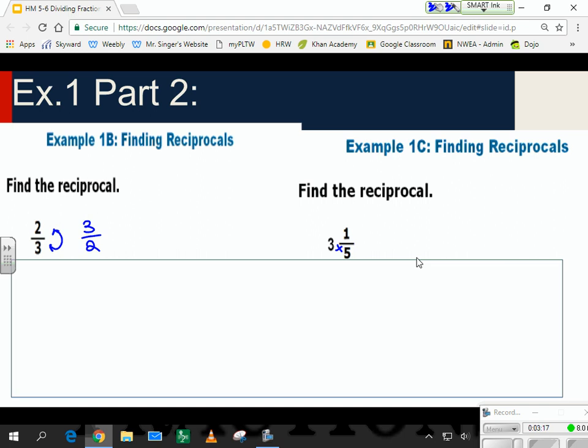So 3 times 5 is 15 plus 1 is 16/5. To find the reciprocal, now what we do is we flip these 2. So now 5 becomes the numerator and 16 becomes the denominator. So with mixed numbers, you have to turn them into an improper fraction and then flip them. So there's 2 more examples I encourage you to put in your notes.